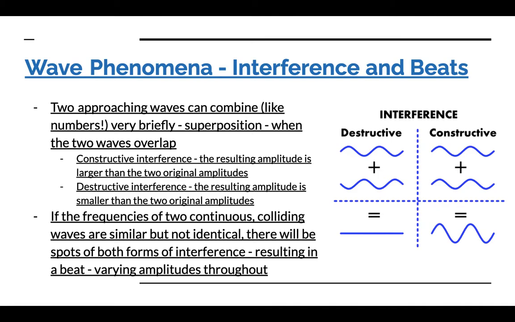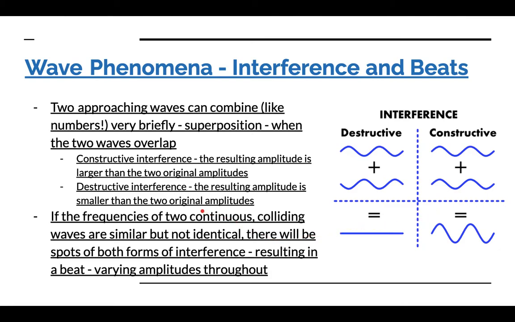Something of interest here is that we don't have to have waves that are perfectly lining up crest to trough or crest to crest. We can have waves with areas where the crest of one wave lines up with the crest of another wave, and other parts where the crest of one wave lines up with the trough of another wave.